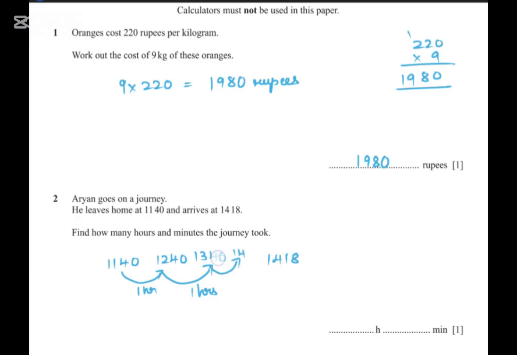From 13:40 to 14 is 20 minutes. Then 14 to 14:18 will be 18 minutes. So it is 2 hours, and 20 plus 18, that is 38 minutes. Question number 2 is done.